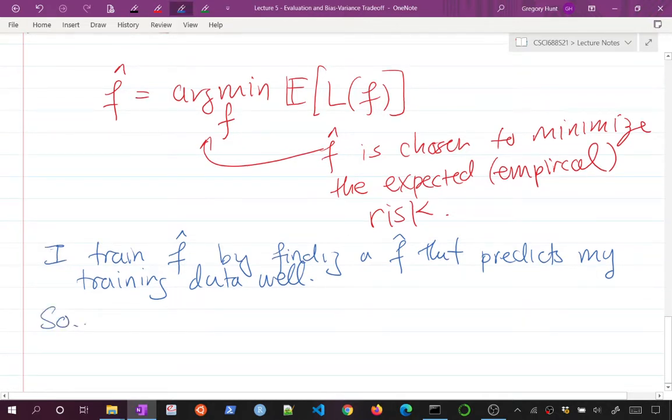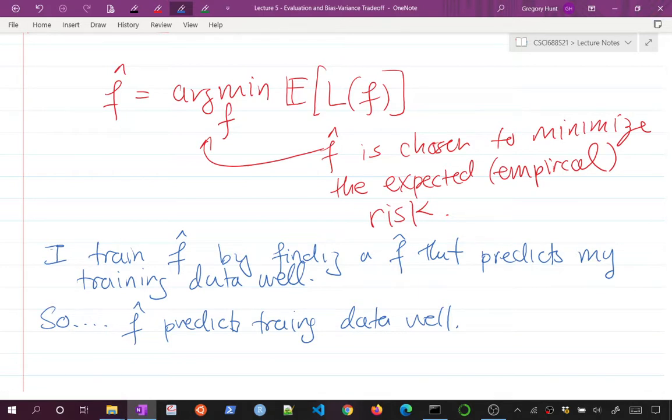So, not surprisingly, f hat predicts the training data well. You've chosen f hat so that it predicts the training data well. So it does predict the training data well. It's not an independent evaluation of how well the algorithm will do on new data, because you've basically chosen it so that it fits the existing data really well. And so how well does it fit the existing data?